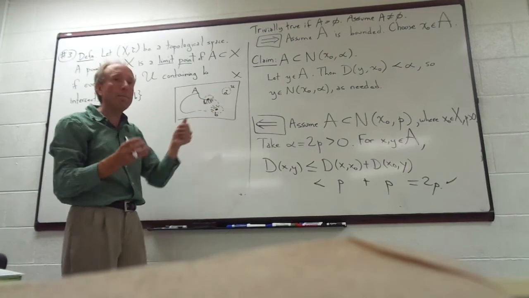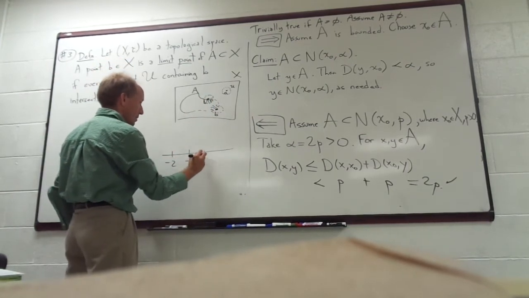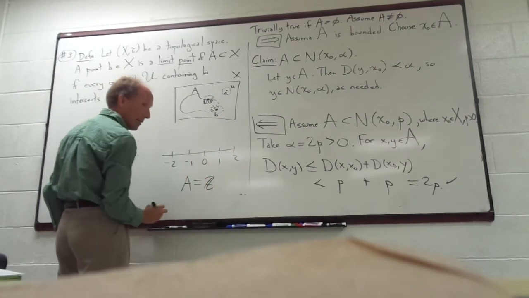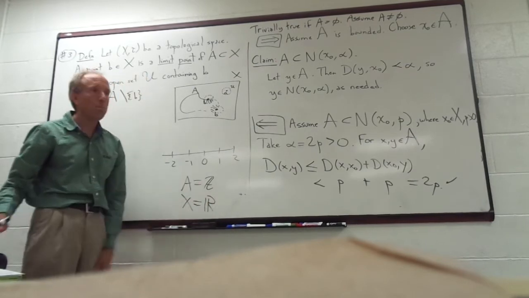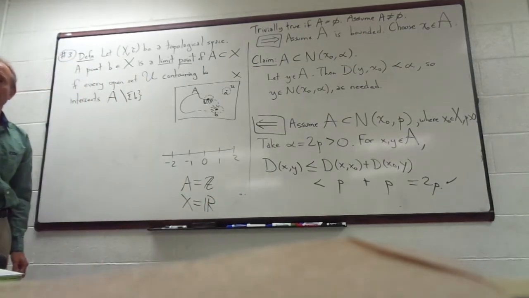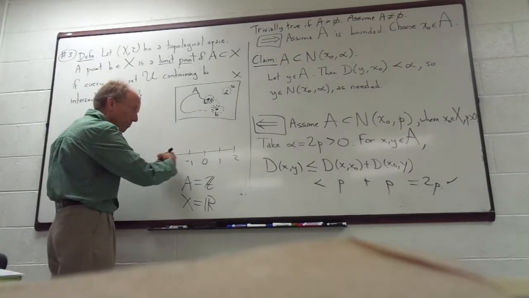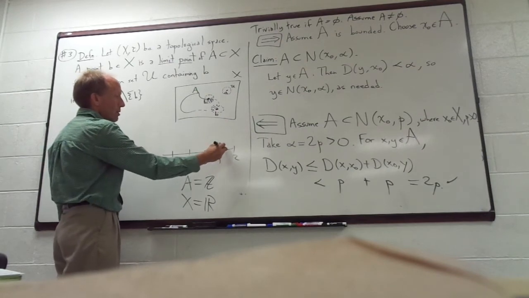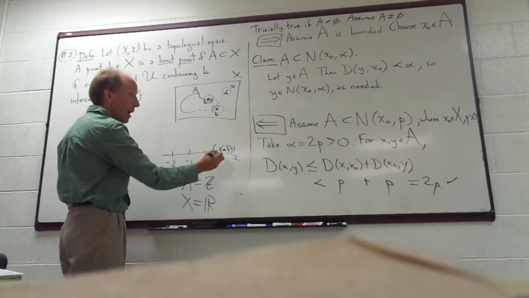In fact, if you take the integers inside of the real numbers, so if you just take this example, this set A has no limit points at all, because any real number that you try to pick, you draw a neighborhood around that point, whether it includes an integer or not.